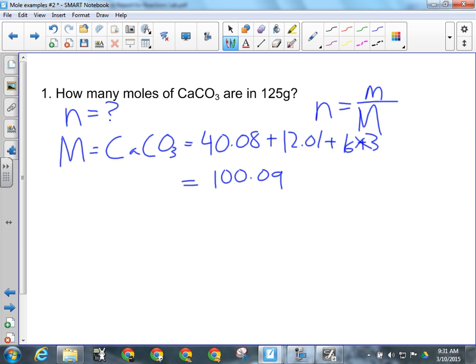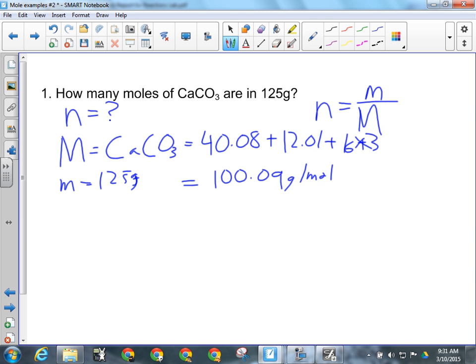Okay, so now that I've got, whoa, I forgot units. Cardinal sin. Okay, forgot units. Grams per mole. Now, I have little m. Okay, that was the other thing given to me in the question. 125 grams. Am I right on that? Okay, so I have the mass in grams already.